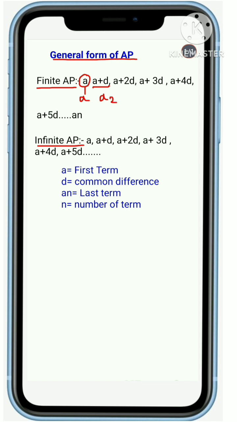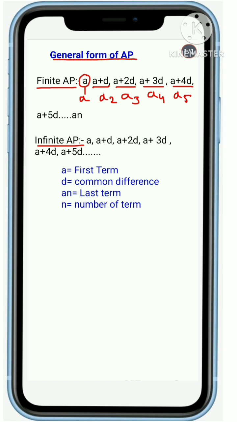Similarly, it represents third term of AP denoted by A3, and similarly it represents fourth term of AP denoted by A4, and it represents fifth term of AP denoted by A5.